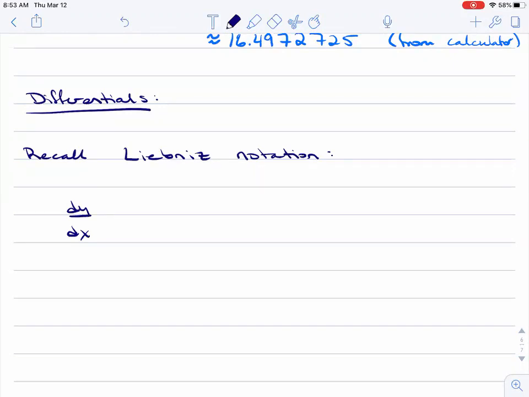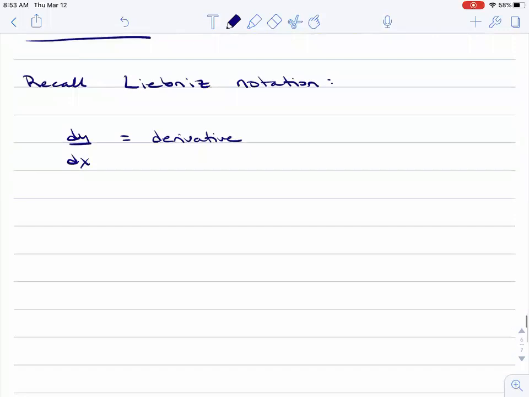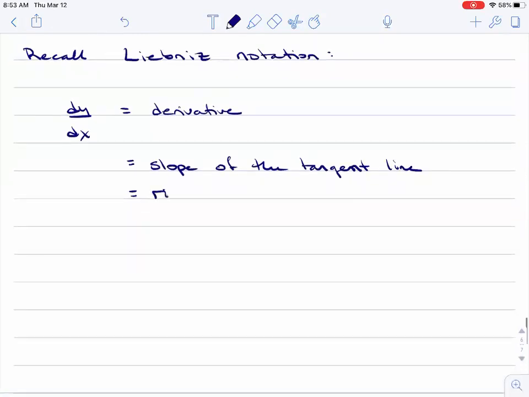Okay? And so, but just to develop that, this is the derivative, right? The derivative of y with respect to x, but the derivative is the slope of the tangent line, right? So here I'm just kind of bumping you through the thought process. So the derivative is the slope of the tangent line, which means we could probably just write it as some rise over run, right?